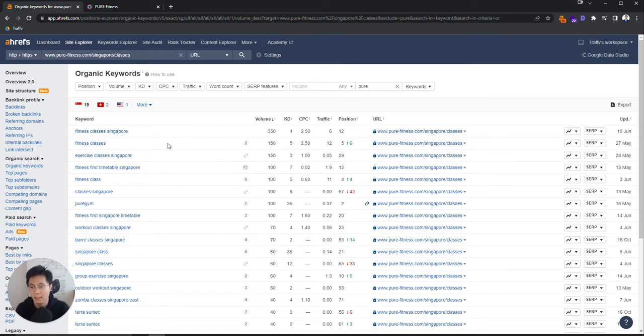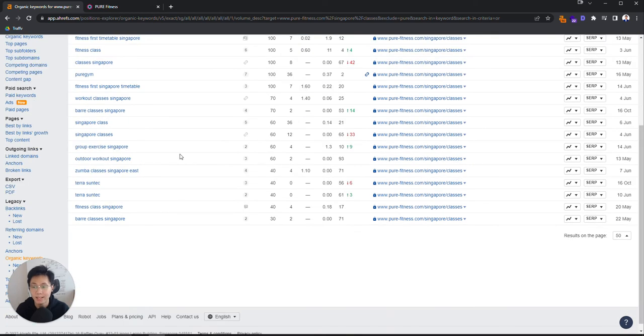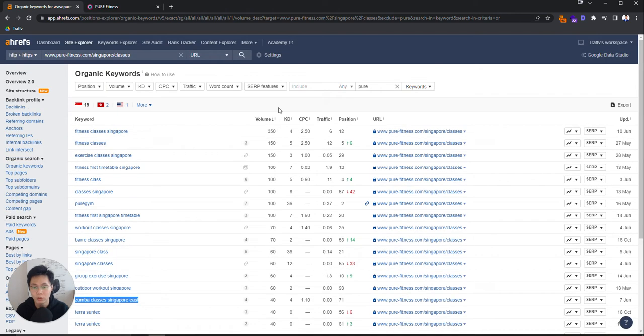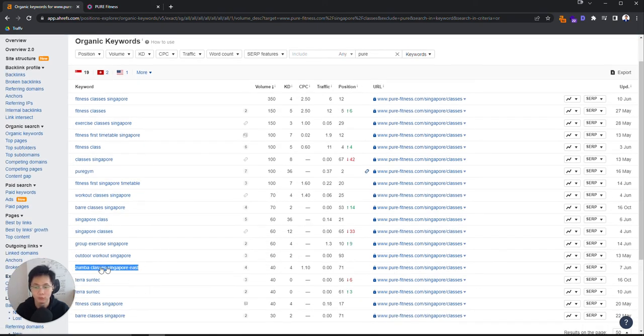And the next one is exercise classes in Singapore. Again, they all match the page's intent, and that's why it's important, because sometimes Zumba classes have the most volume, and if you were to select that, it doesn't matter if your page ranks for this keyword, because at the end of the day, it's not matching what users are looking for.